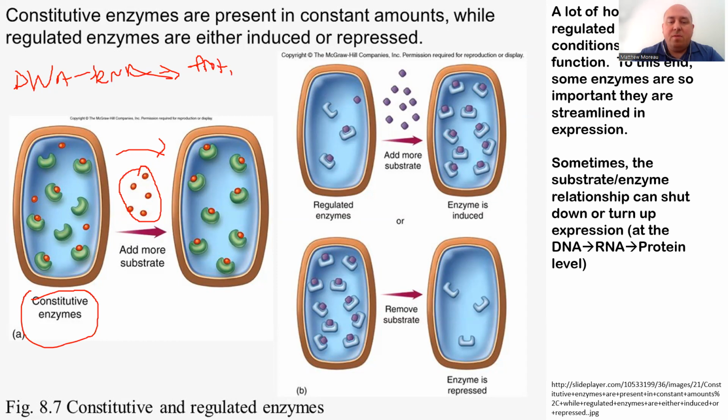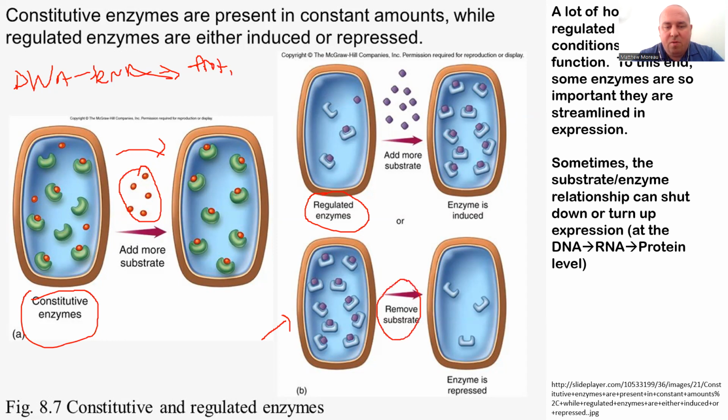If one level of expression is constant expression, then the other one has to be regulated or controlled expression. And regulated control of enzymes comes in two different forms. One is what we call a negative feedback loop, and that is that you only express as much enzyme as you have substrate, right?